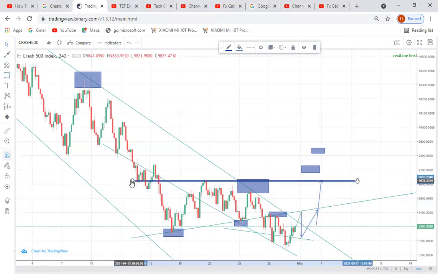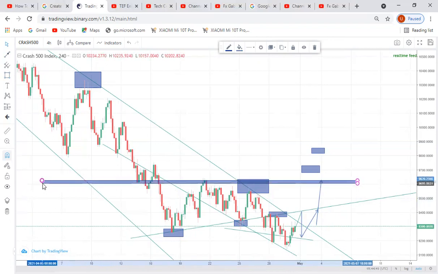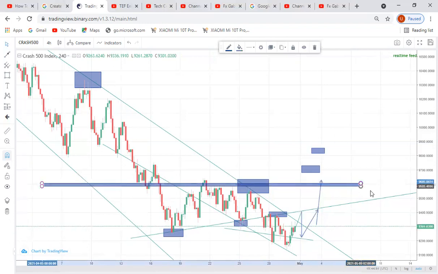We're watching if the market will be able to hit this particular level, this buy we are in. But I can see a retest going on, so that means this downtrend is still very active.